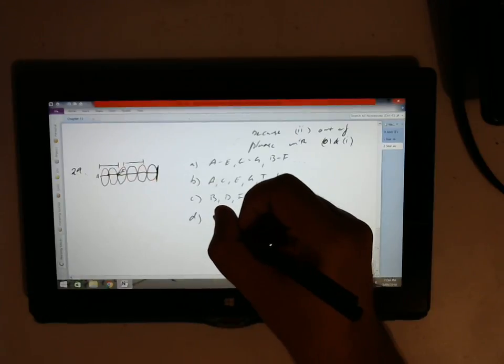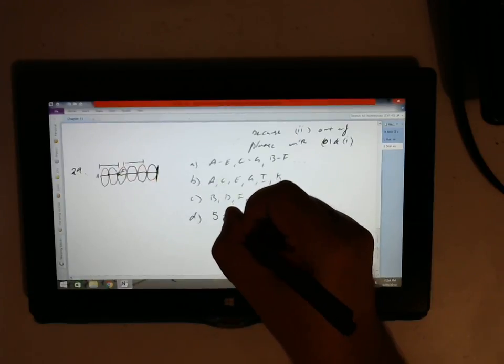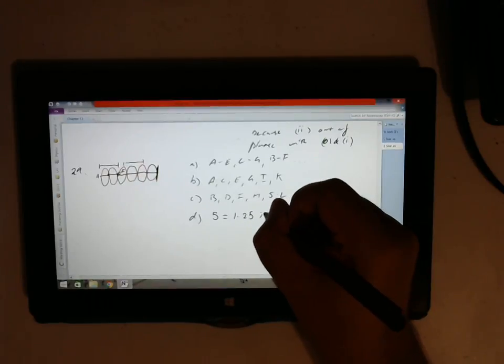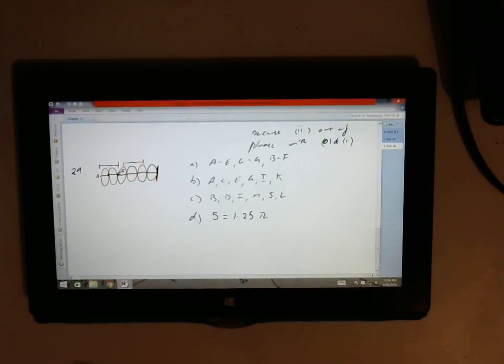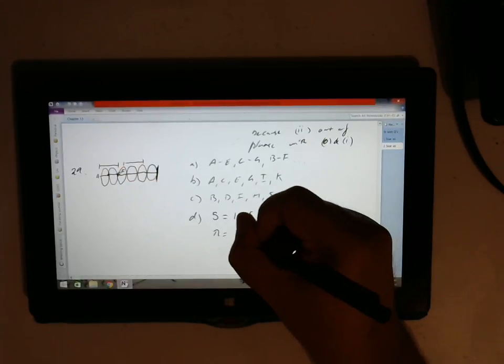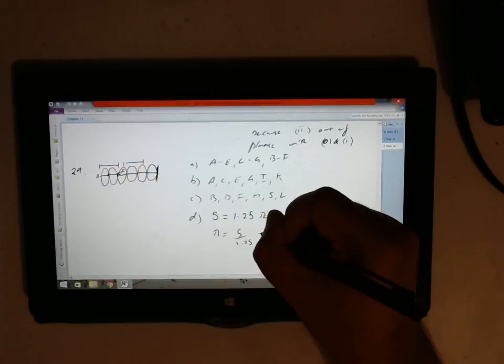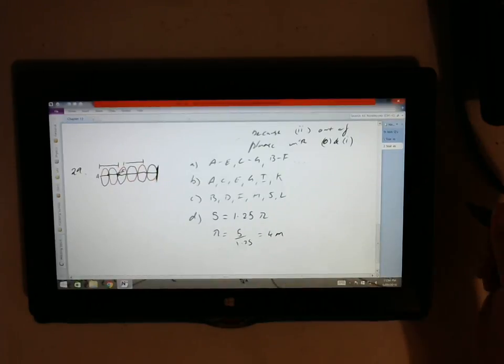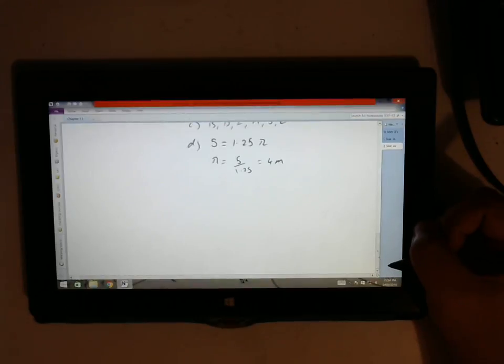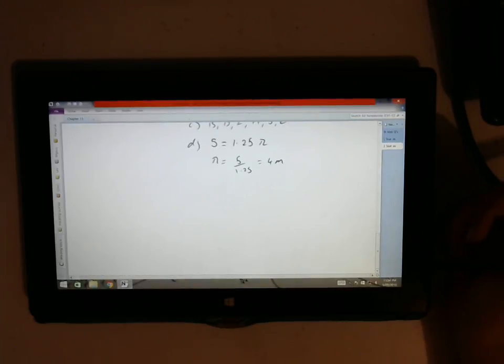So we know that distance of 5 meters equals 1.25 wavelengths, and if we rearrange, lambda equals 5 over 1.25 equals 4 meters. Okay, it's a proportionality thing, it's not a special equation thing.